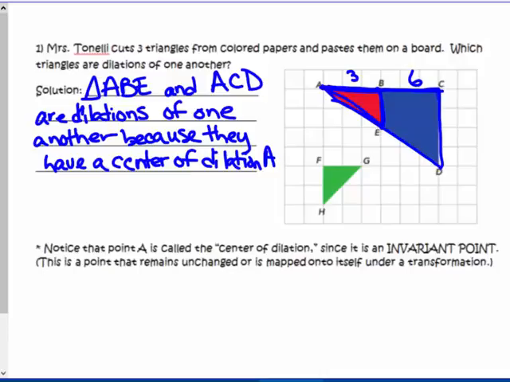So starting at A and enlarging it twice its size. Notice that point A is called the center of dilation since it is an invariant point. You've heard me say this before, invariant. It didn't move, it's unchanged. In means not, variant means changeable, so it's not changed at all, it stayed right in the exact same place.